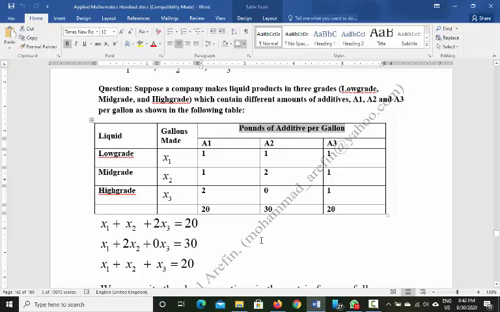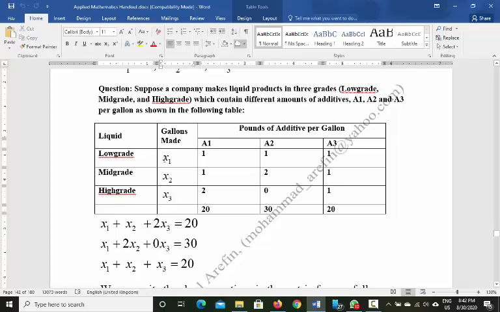So now we need to find out how many gallons of low grade liquid, how many gallons of mid grade liquid, and how many gallons of high grade liquid we can produce with the available resource, which means these 20 pounds of A1, 30 pounds of A2, and 20 pounds of A3.